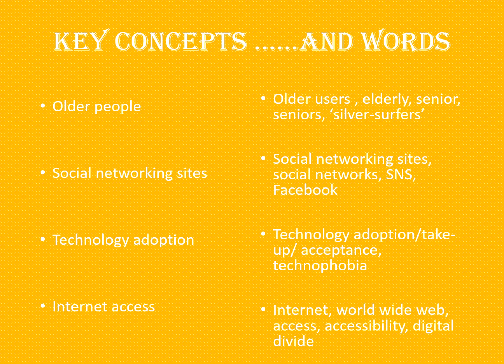Under social networking sites, you have social networking sites, obviously social networks, something referred to as SNS, and Facebook. Then technology adoption: you have technology adoption, take up, acceptance, and technophobia. And then under internet access, you have internet, world wide web, access, accessibility, and digital divide.